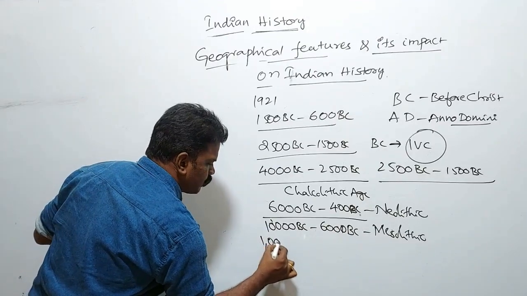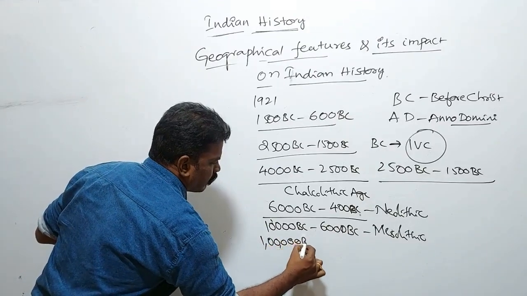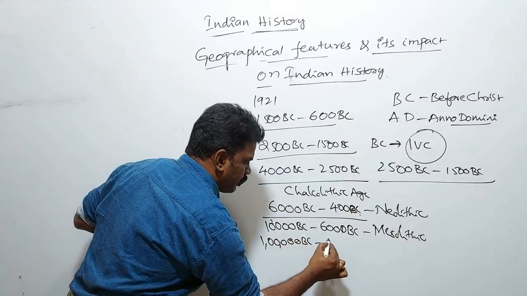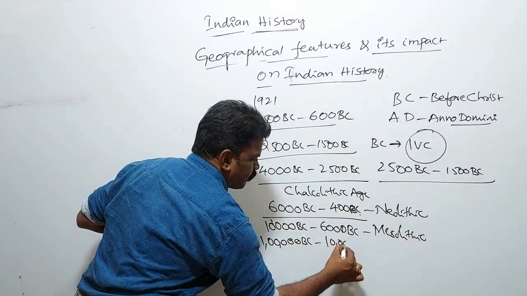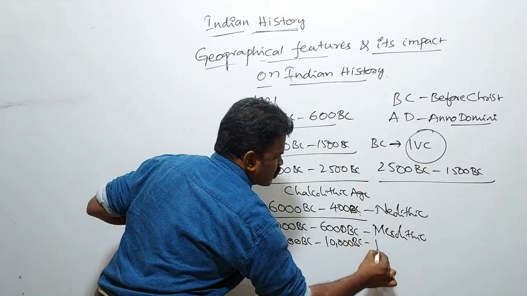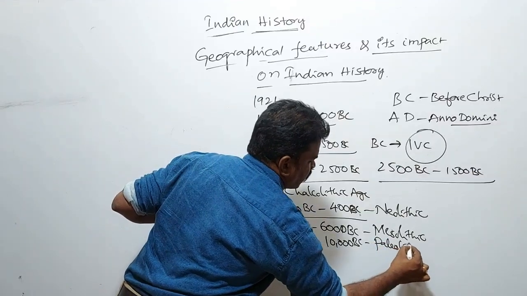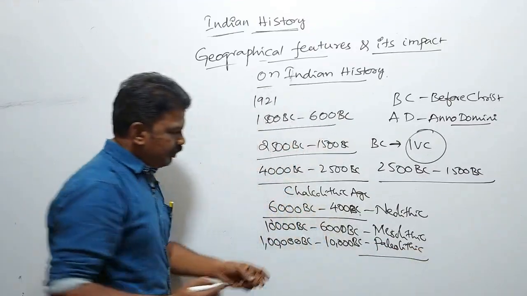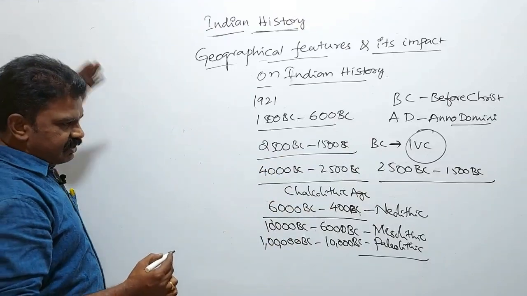Going further back, 1 lakh BC to 10,000 BC was the Paleolithic. Like this, initially we have to go back.